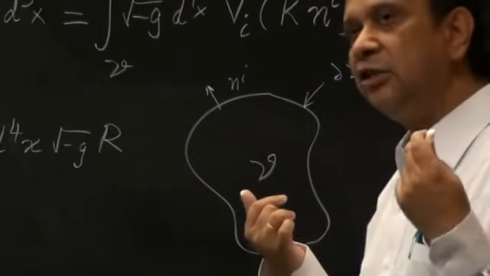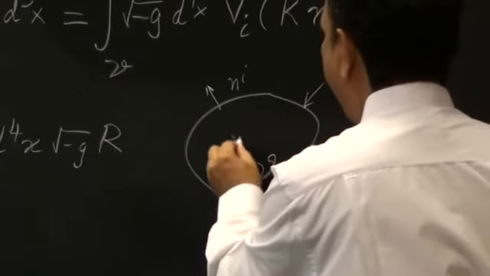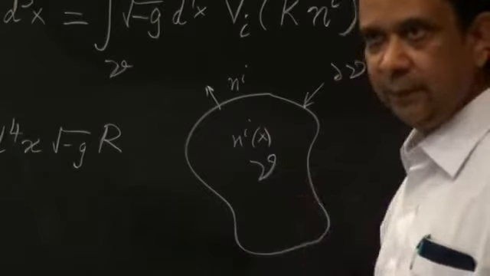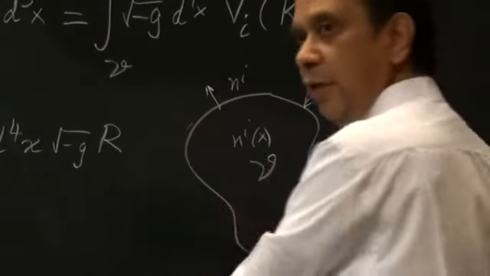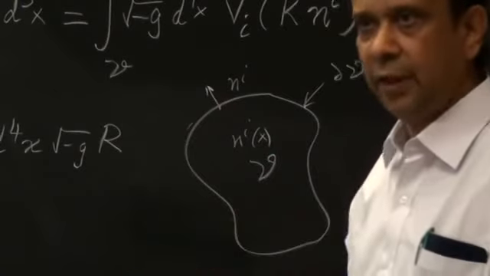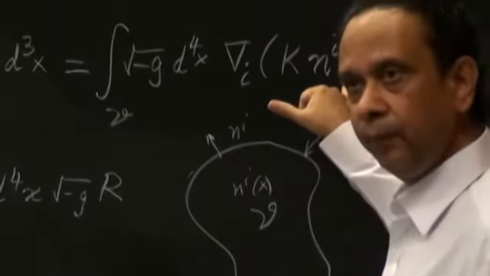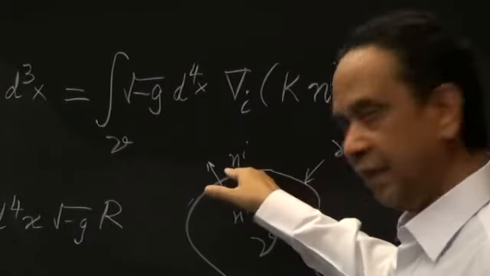Now I will choose some arbitrary vector field n_i defined everywhere in the space in such a way that it precisely matches with this n_i on this boundary. Inside I will take it to be arbitrary, I don't care. Then I can compute this quantity for that, making sure that this n_i matches with this n_i.